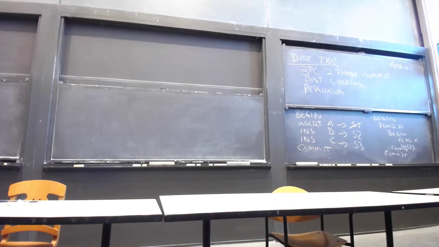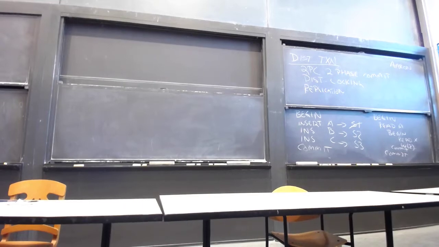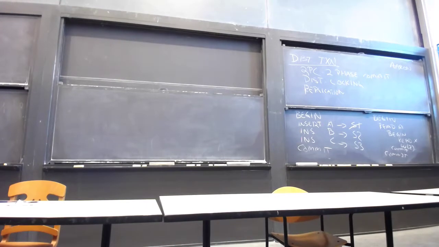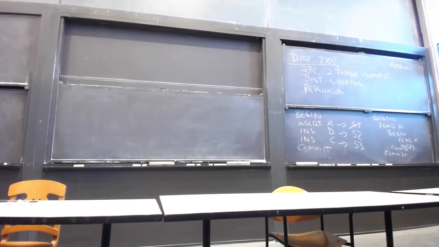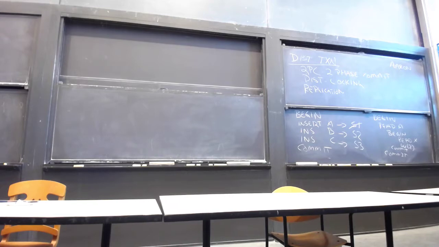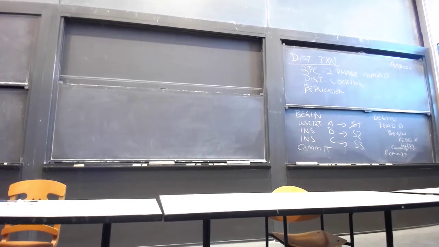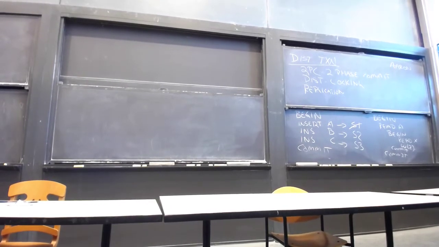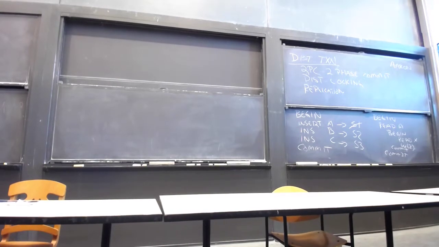So let's talk about how this is going to work. If you think about that operation, the coordinator here is going to talk with these subordinates here. In the first case, what we want to do is that insert. Right? We have that first record, insert A here.